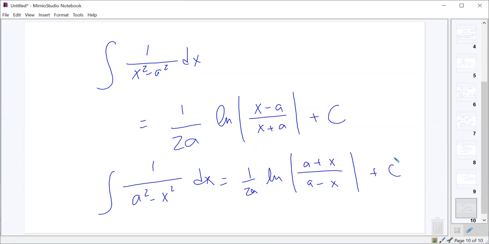You can figure those out fairly easily though, just by doing the partial fraction decomposition. But if they show up, it's helpful to know them. I feel like that's pretty good for partial fraction decomposition. Anybody have any questions on either partial fractions or any of the integration by parts stuff?